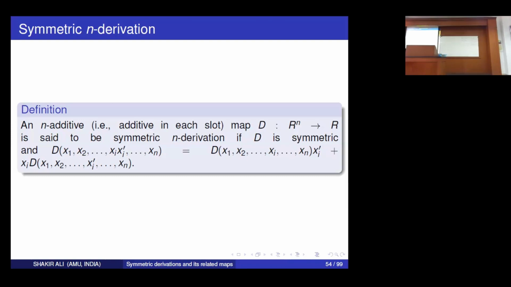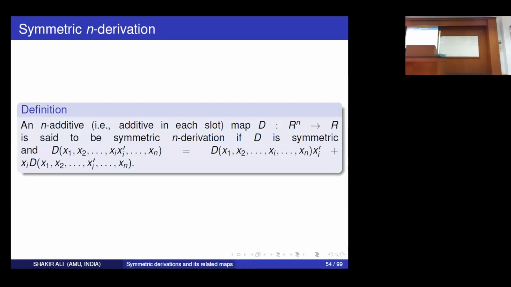look here, x1, x2, then in the i-th place we take xi and xi prime. So we are talking about the i-th place. Similarly, then take this element here. Now look at the derivation, what happened.